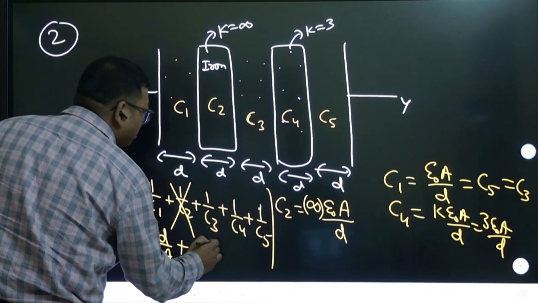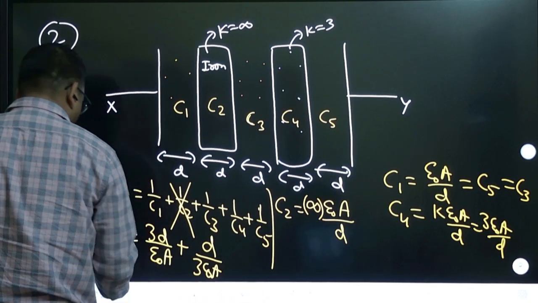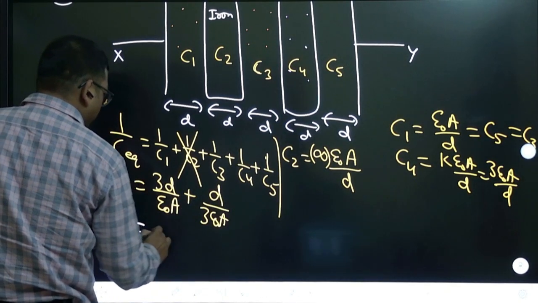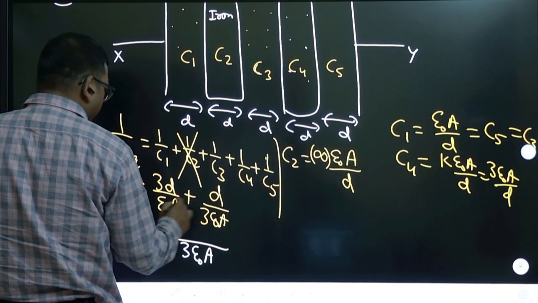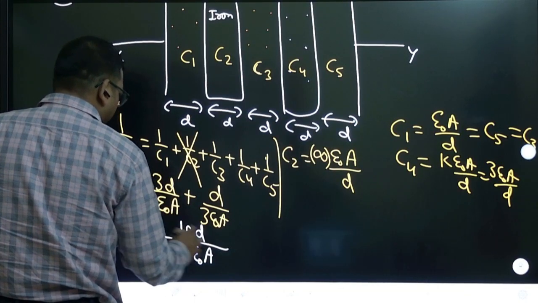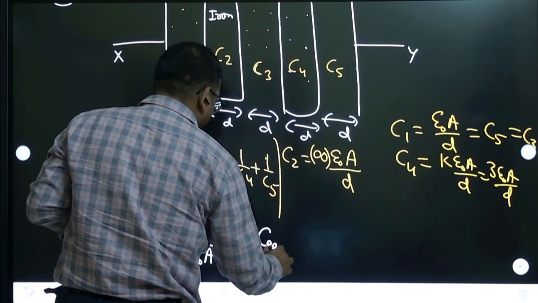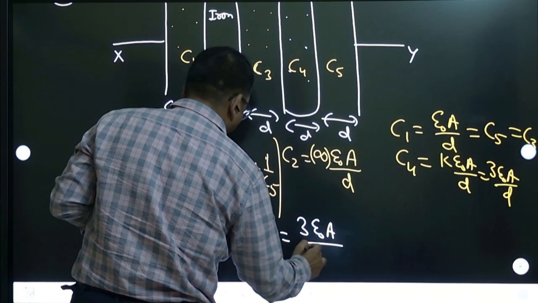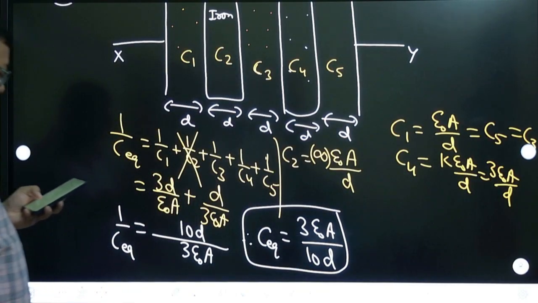So it will become D by 3 times epsilon naught A. Just simplify this, you'll get the answer. So let us take the LCM, 3 epsilon naught A, 9 plus 1, 10, 10D is 1 by C equivalent. So you got C equivalent is 3 epsilon naught A by 10D. That is the answer. Clear?